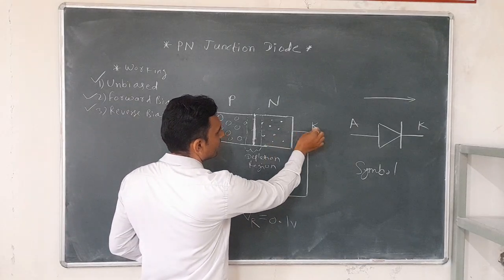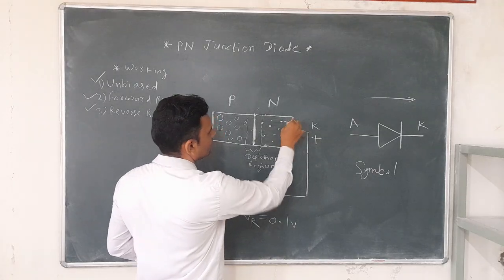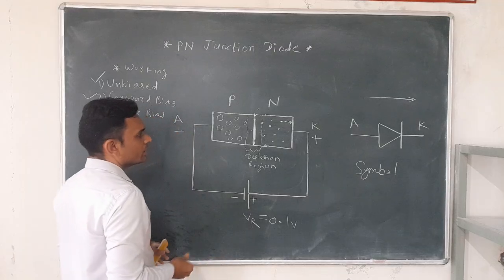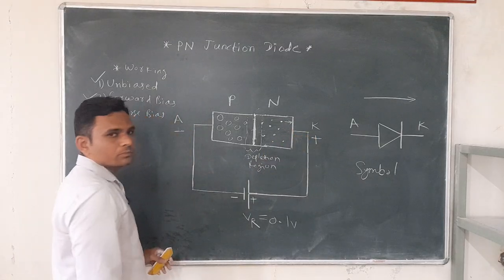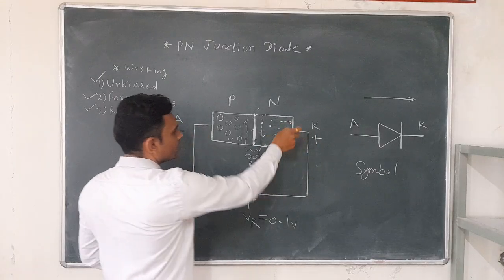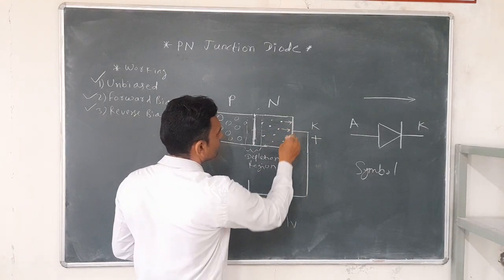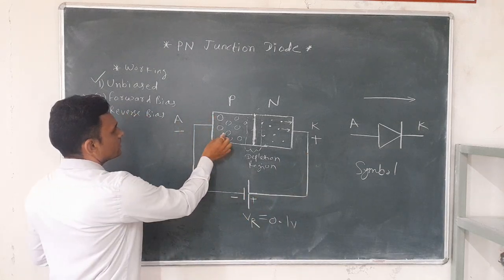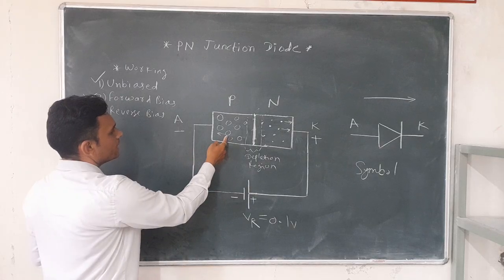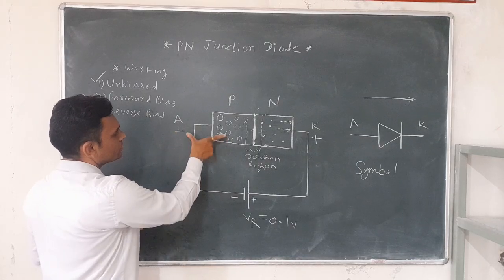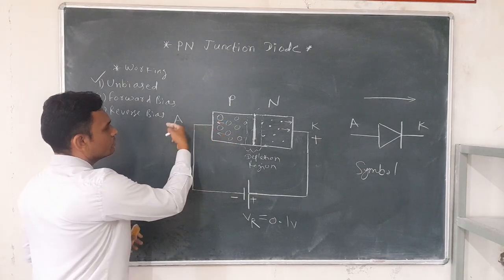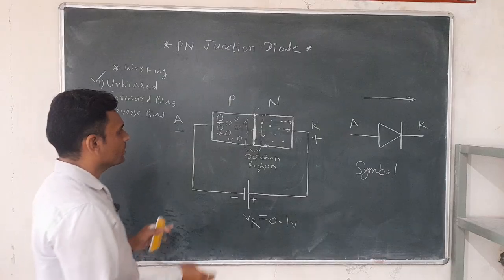Therefore, this cathode terminal attracts electrons, because there is attraction between unlike charges. Electron carries negative charge and cathode is positive, so there is attraction. So electron moves towards cathode and holes move towards anode because hole carries positive charge and anode is negative, so there is attraction between unlike charges, that is holes move towards anode terminal.